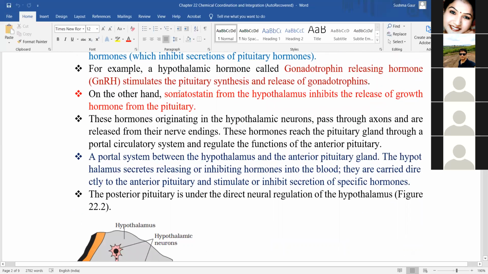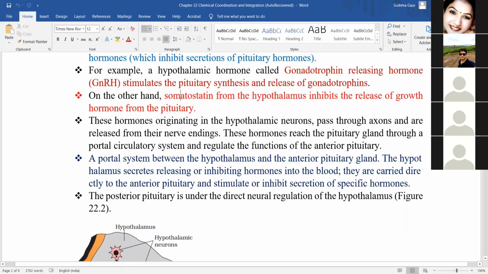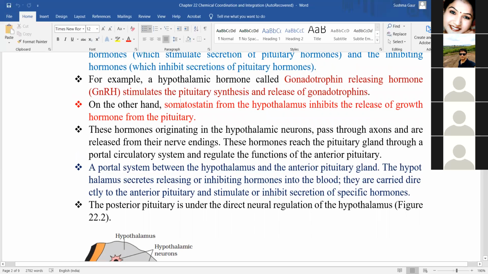Whereas the second hormone, somatostatin, is also produced from the hypothalamus, but what does it do? It inhibits the release of growth hormone from the pituitary. So two categories of hormones: releasing hormone and inhibitory hormone. Gonadotropin releasing hormone is an example of a releasing hormone because it stimulates the release of gonadotropins from the pituitary gland, whereas somatostatin is an example of an inhibiting hormone because it inhibits the release of growth hormone from the pituitary.